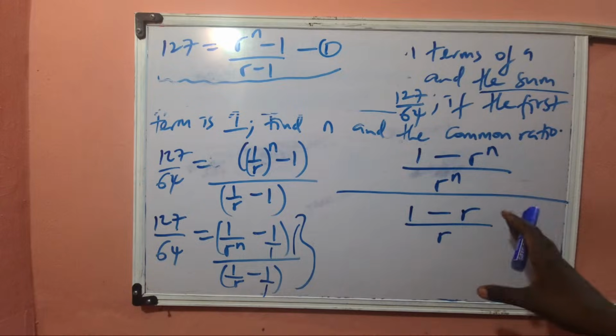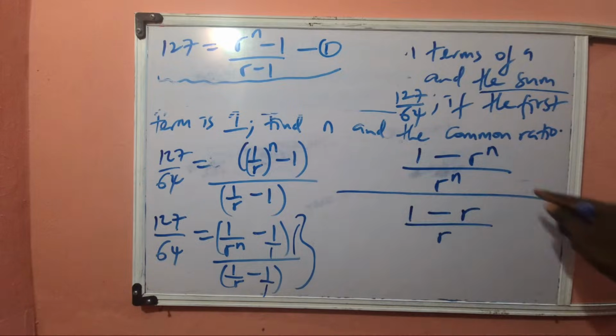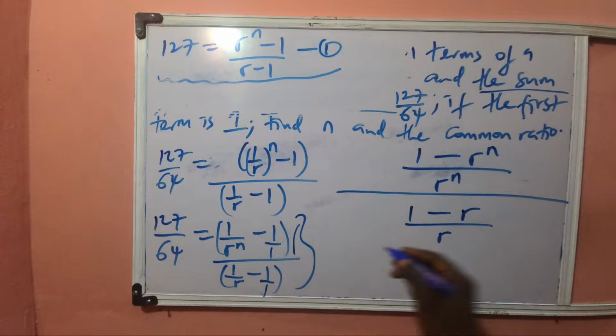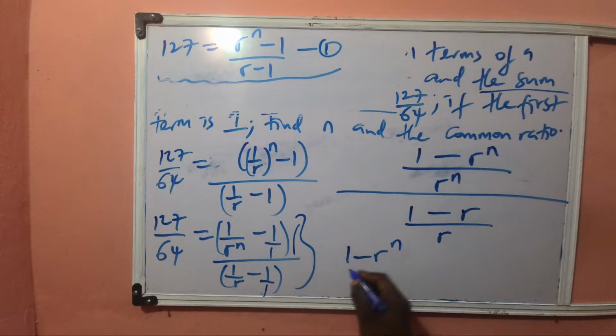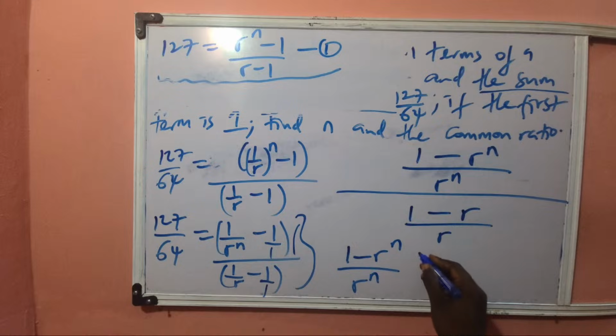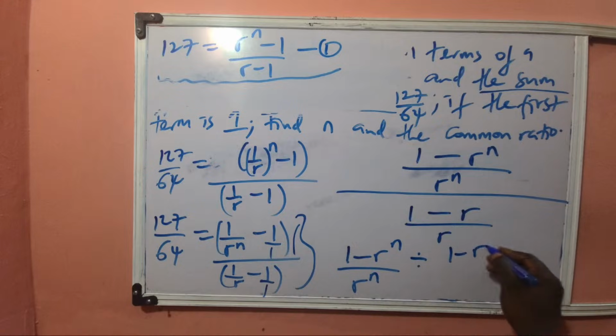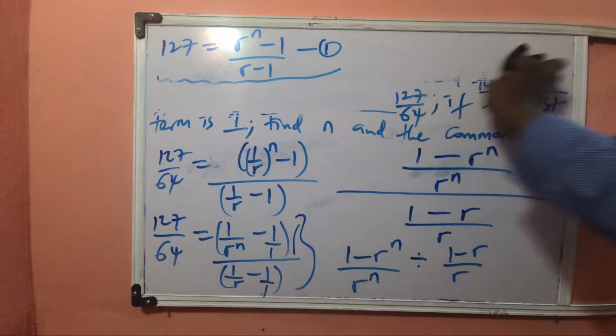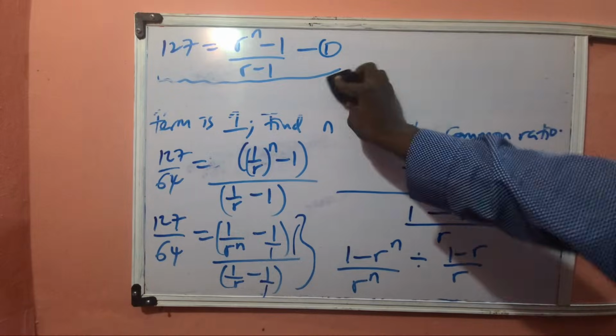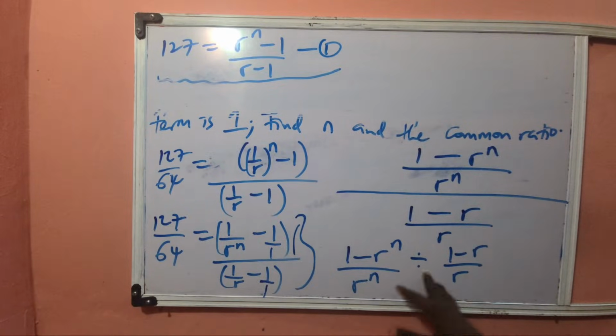I want to write this now using this division as my division symbol. So I'll write it like this. 1 minus r raised to power n over r raised to power n divided by 1 minus r over r. Good. So I'm going to clean up this place so that we can maintain visibility on all these things. So look at what I have here.